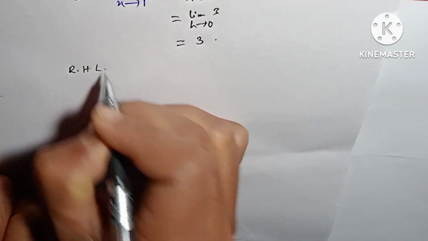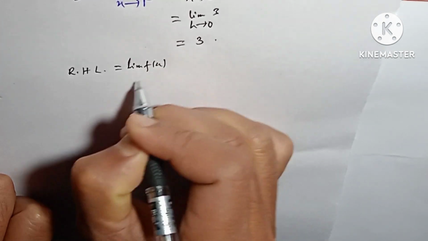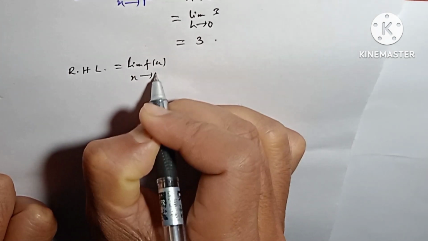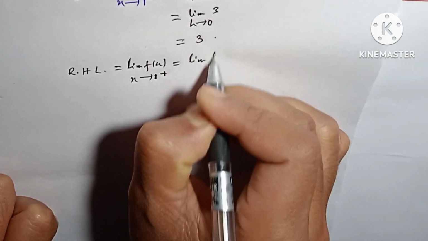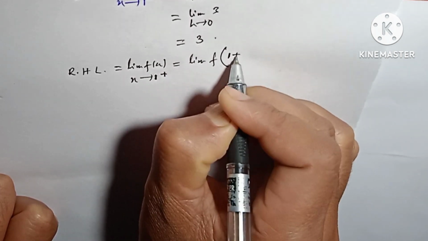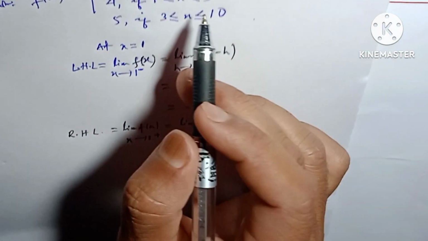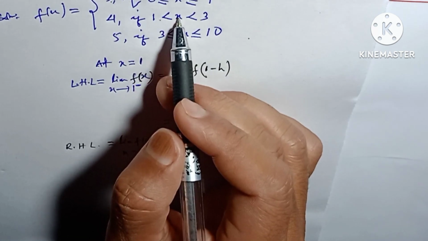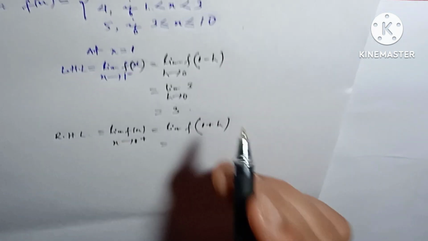Right hand limit of f of x as x approaches 1 from the right side, equal to limit h approaches 0 of f of 1 plus h. Here x is greater than 1, so f of x is equal to 4.